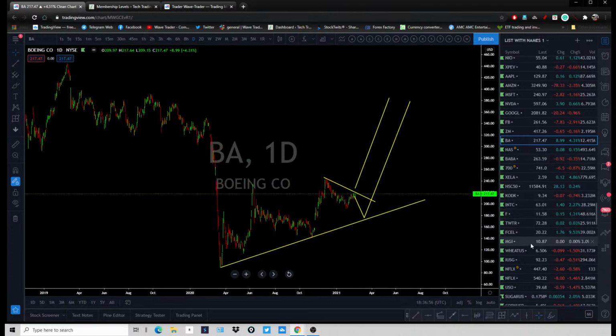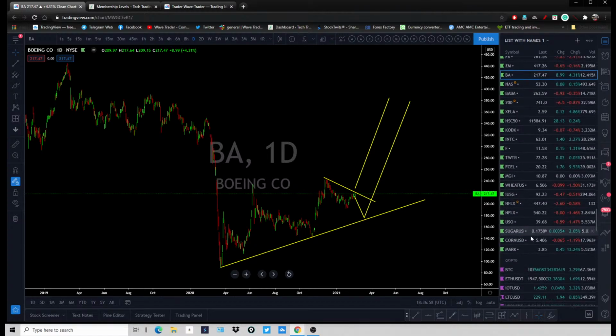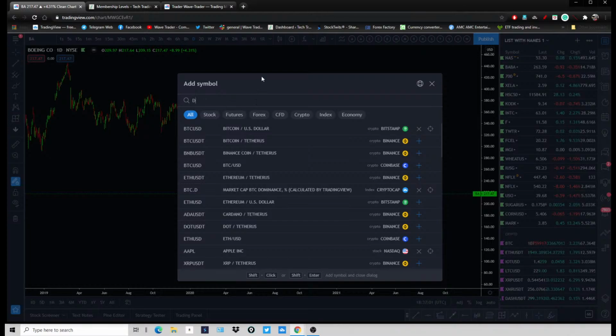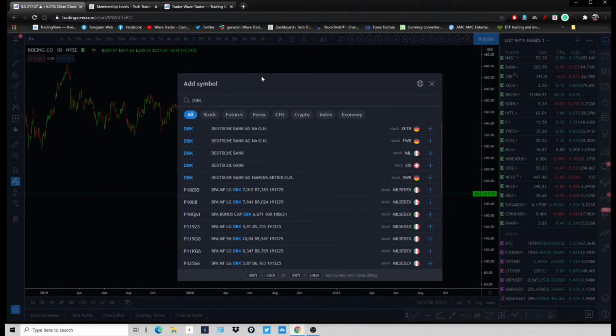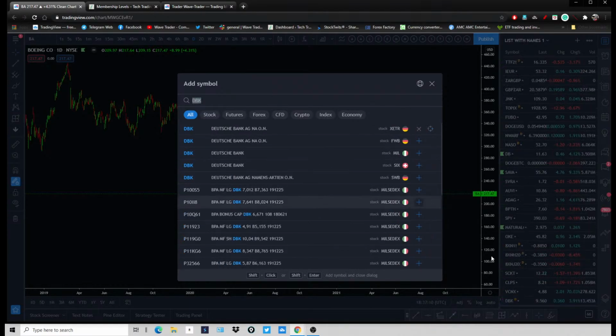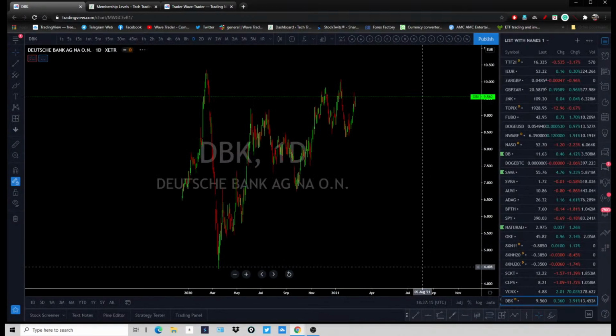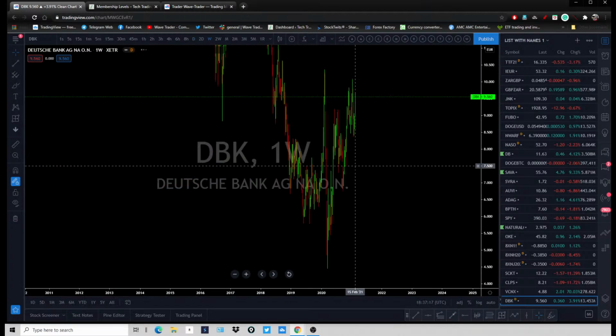So Deutsche Bank, as I have said before, guys, European banks, DBK. As I said before, these charts are not going to give you a huge run.